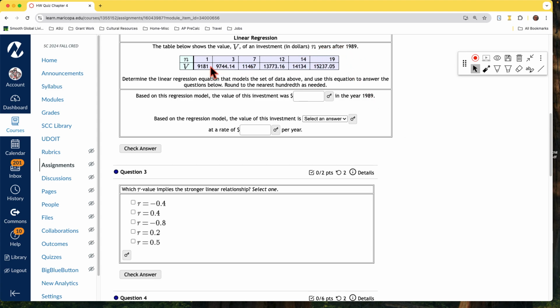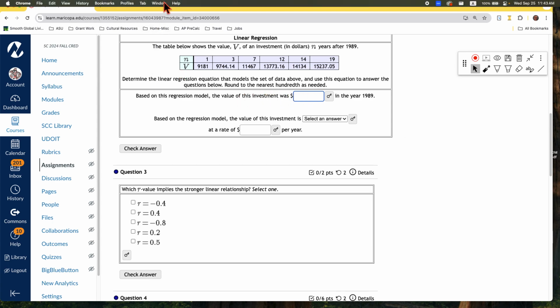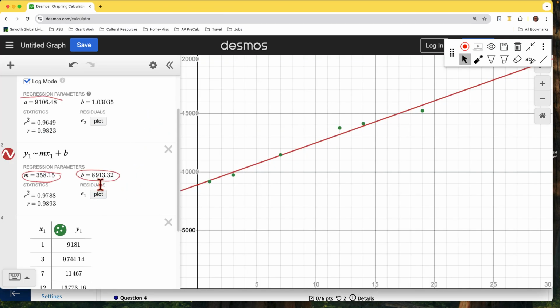So that's a way of saying 1989 is year 0. So this value is B. Round the answer to the nearest hundredth as needed. So we're going to go back. B is $8,913.32. That's what we want to put in.